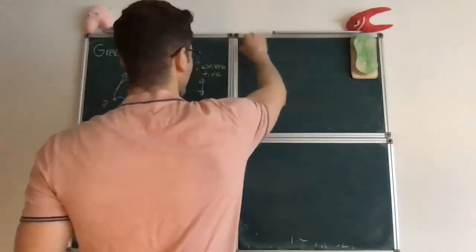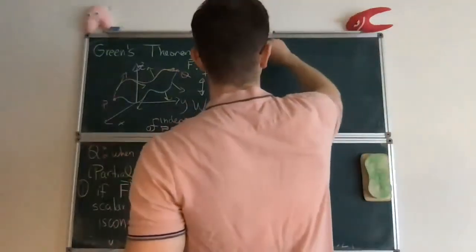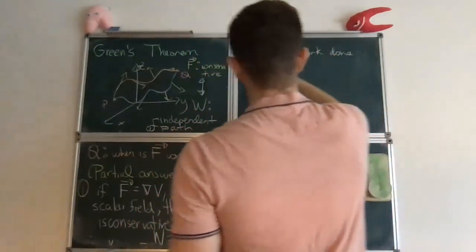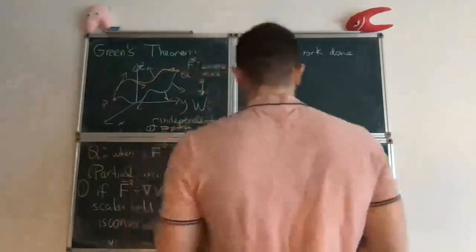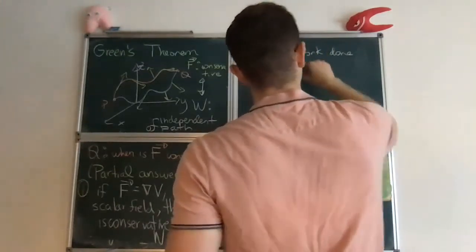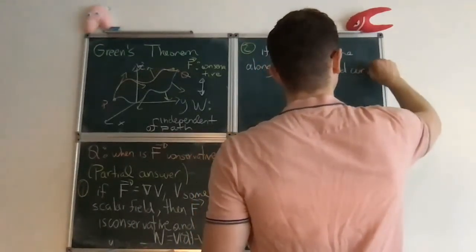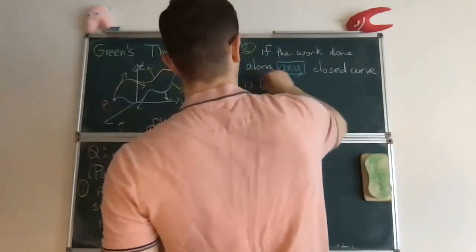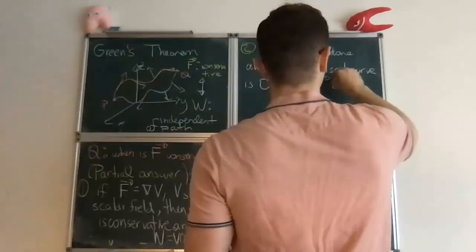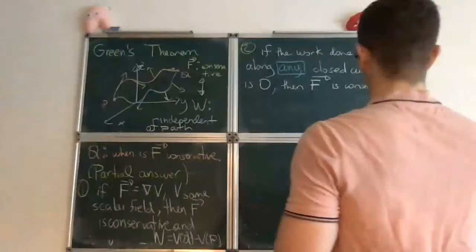Here's a second answer. If the work done along any closed curve is 0, then F is conservative.